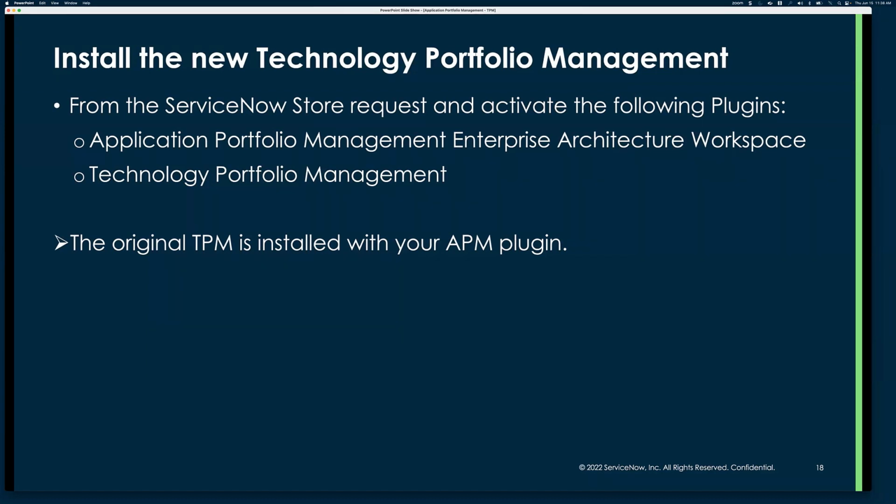Is it just for architects, enterprise architects? No, it's for multiple personas. And that's where we expose the new TPM stuff. And then there is a technology portfolio management plugin, but installing the first one will install the second one. The original TPM is installed when you activate APM.